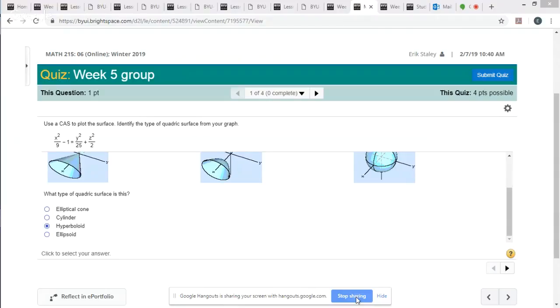Here, I'll stop sharing now, for a little bit anyway. Don't need me clicking since we're looking at the same thing. So we got, okay, so find the equation.